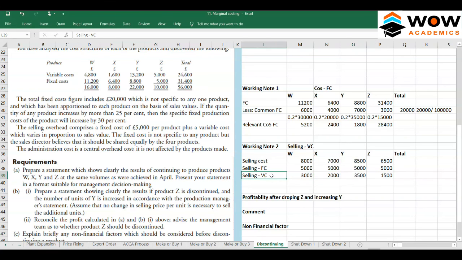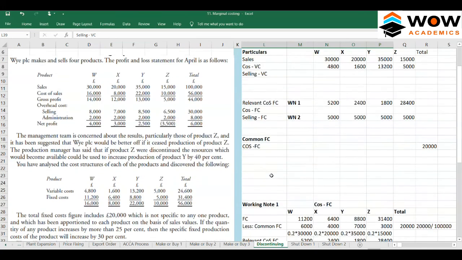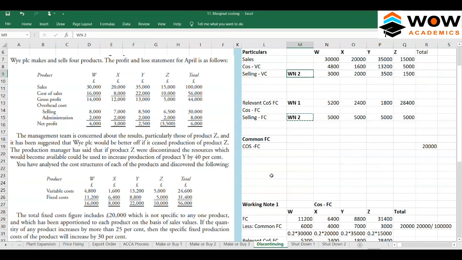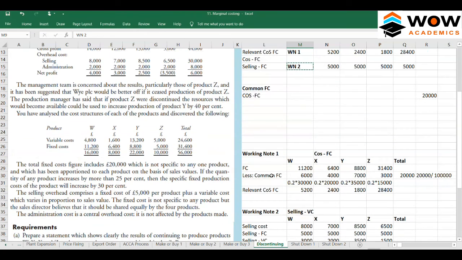So we got it. Now we can go to this part and type. Okay, so we have split the selling cost into fixed and variable.